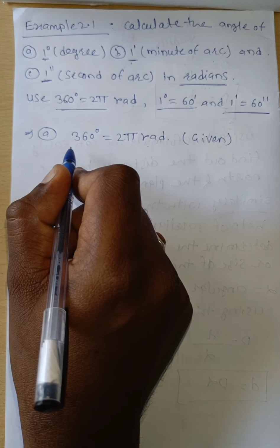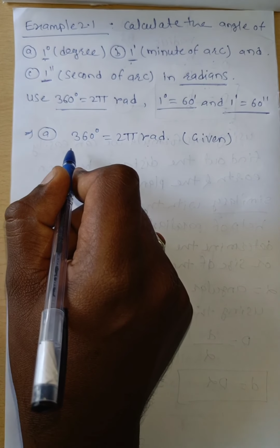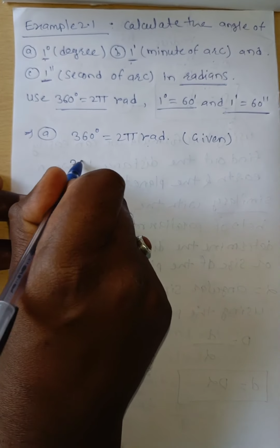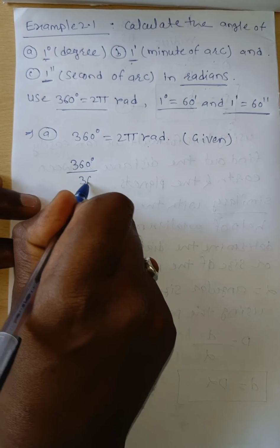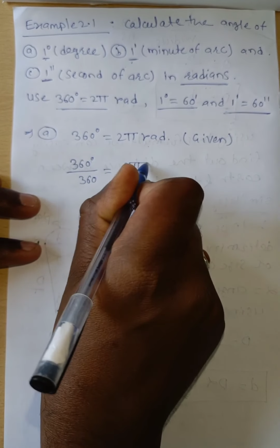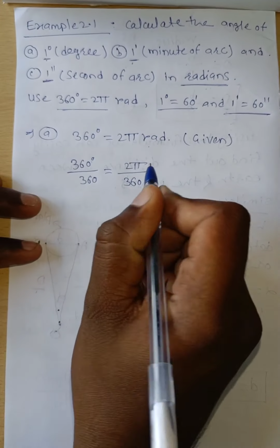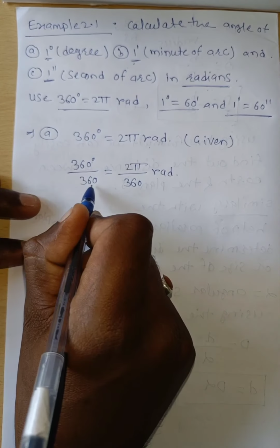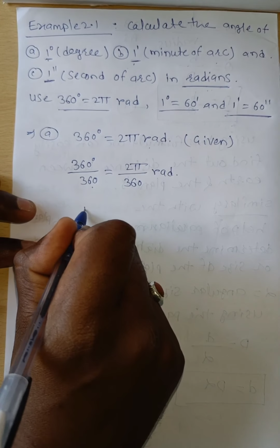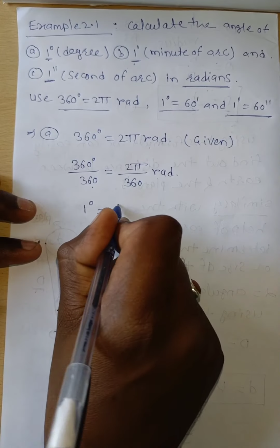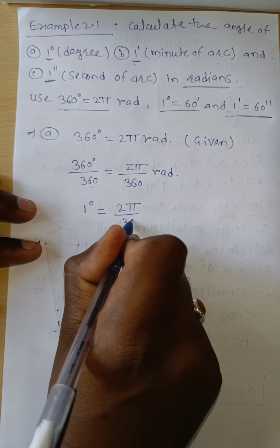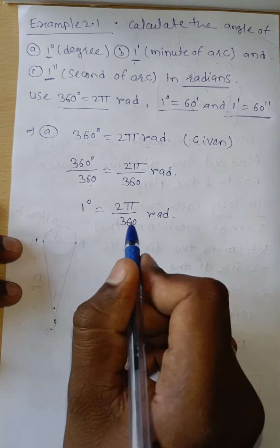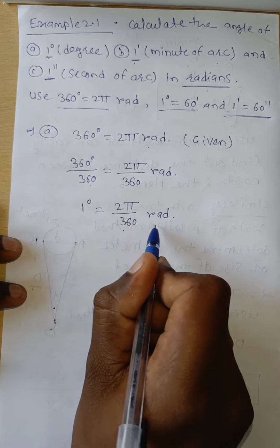To keep the equation unchanged, we divide both sides by 360. Therefore 360 degrees divided by 360 equals 2 pi divided by 360 radians. Now 360 divided by 360 is 1. Therefore 1 degree is equal to 2 pi divided by 360 radians.